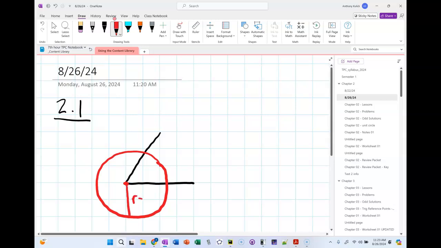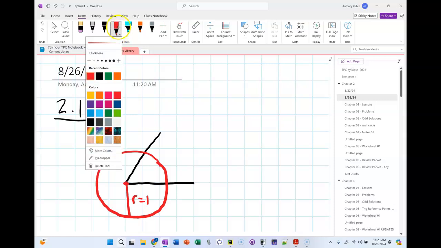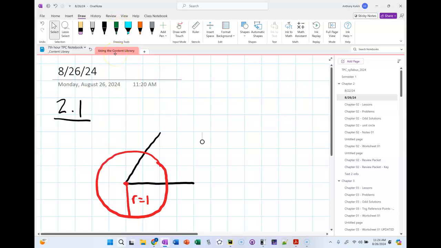And let's say that circle has radius 1. Everybody feel okay with this idea? The circle has radius 1. The length of its radius is 1 unit long. Okay.